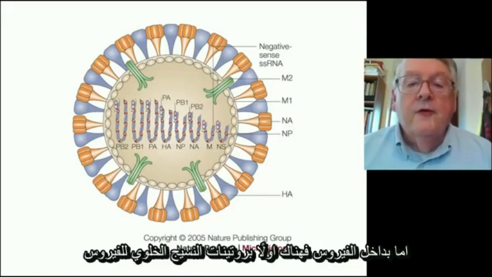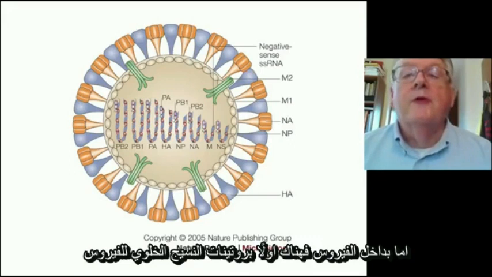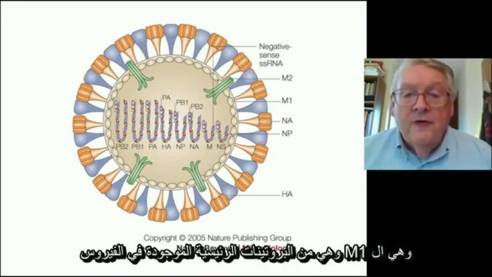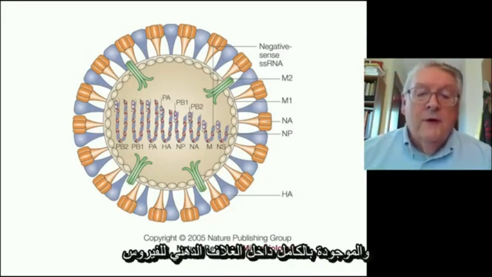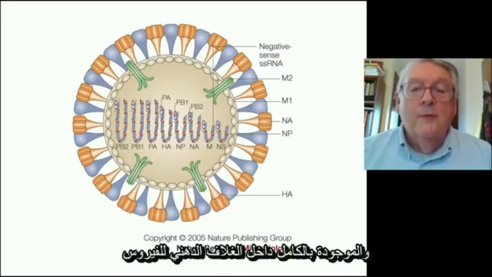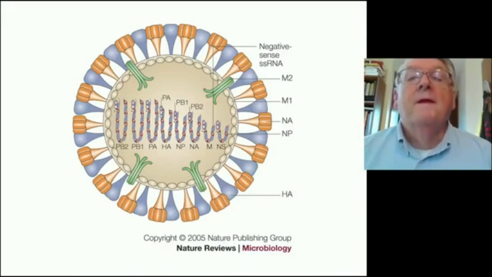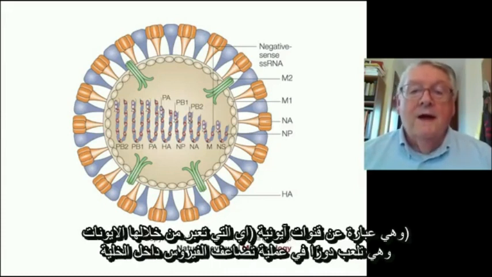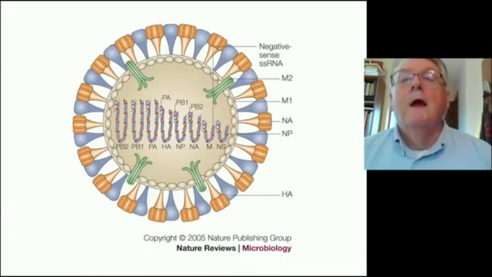Inside, the first one is the matrix protein, the M1 protein. This is one of the major proteins of the virus particle, and it coats the complete inside of the lipid envelope. The green proteins, the M2 protein, is an ion channel, which is involved in uncoating the virus inside the cell.